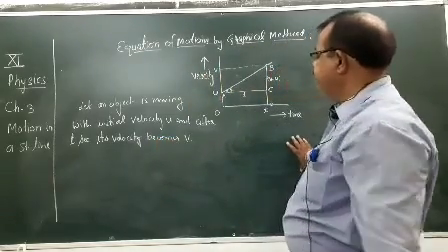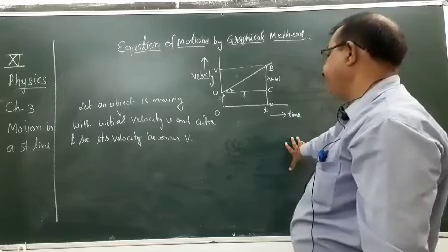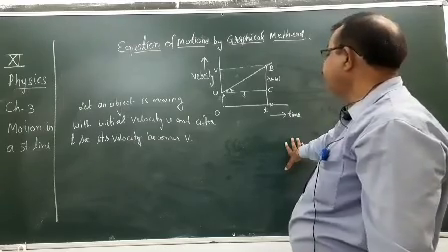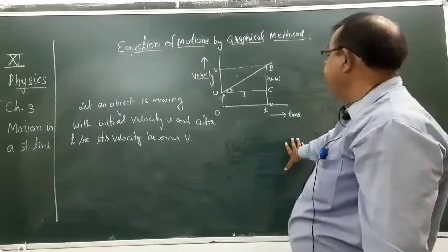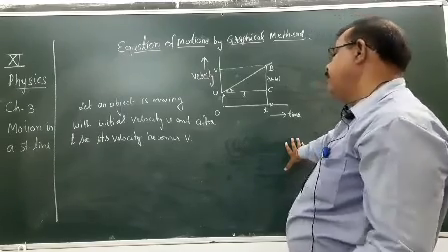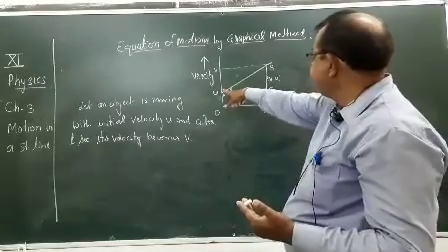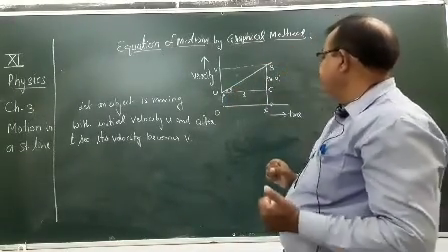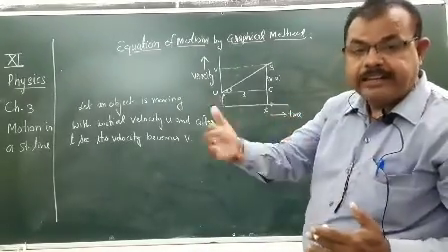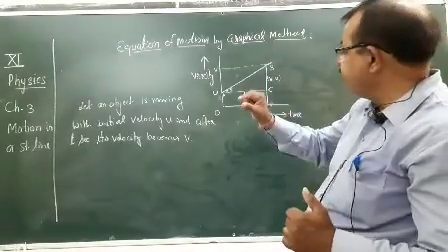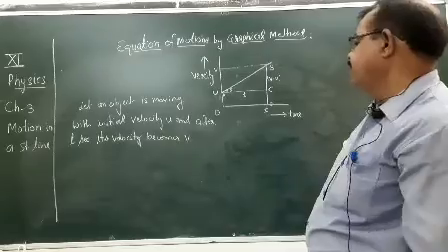It means, since it is an increasing graph, the object is in accelerated motion because its velocity is increasing, right.